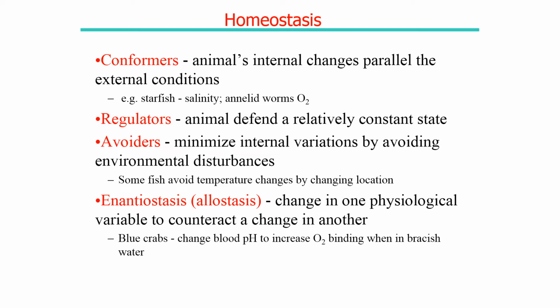So the avoiders avoid the external changing environment. They regulate a little, but they avoid the external environment. So we are avoiders for the temperature. For example, if the temperature increases, we avoid that temperature. We avoid sunshine.